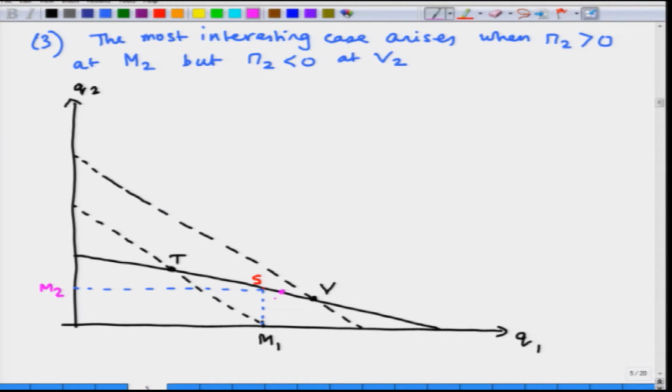So, let us call this B star. Now essentially the incumbent has two choices.